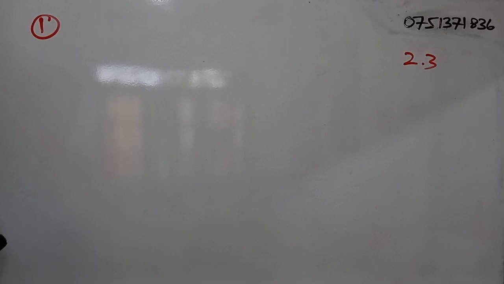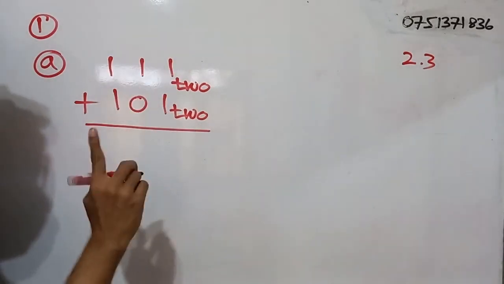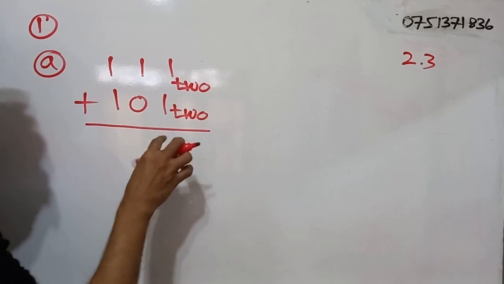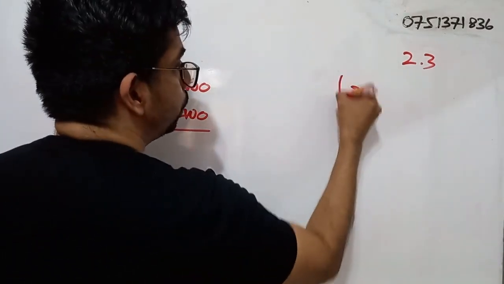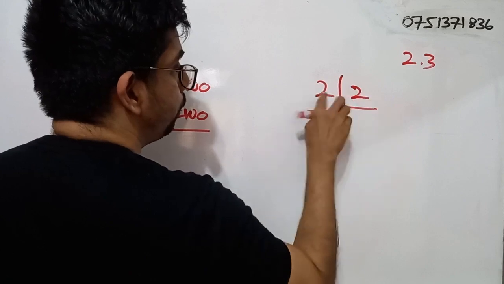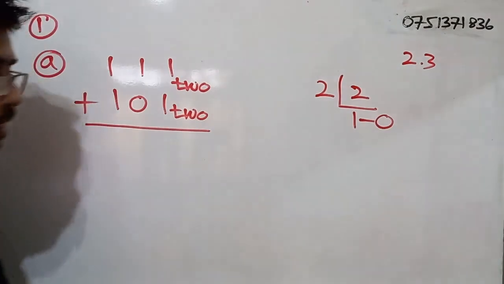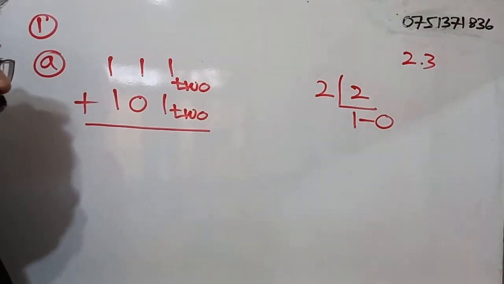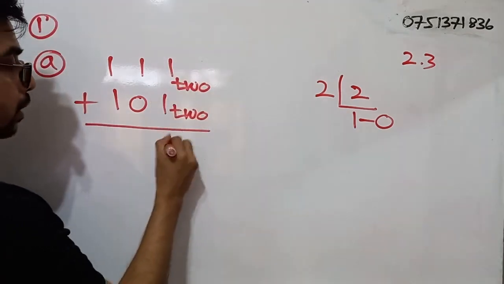Right, exercise 2.3, question number 1. Find the value. So we have to do some additions regarding binary numbers. Okay. So 1 plus 1, that is 2. So in binary we can't write the number 2. So what do we do? Take 2 and divide it by 2. 2 divided by 2, what do we get? Quotient as 1 and the remainder as 0. Then we write this 0 under here.